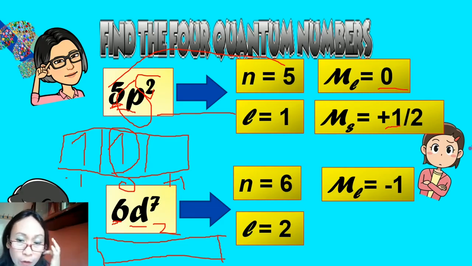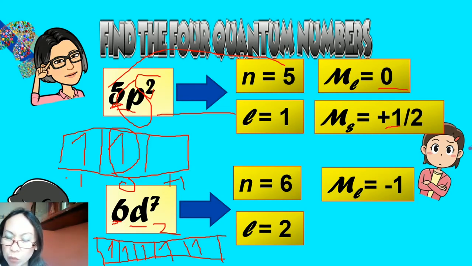Pagpasensyahan nyo na po yung aking drawing. There are how many po? 5. So, 1, 2, 3, 4, and 5. Ayan. So, distribute natin yung 7. So, 7 electrons going up muna. So, 1, 2, 3, 4, and 5. We still need 2.